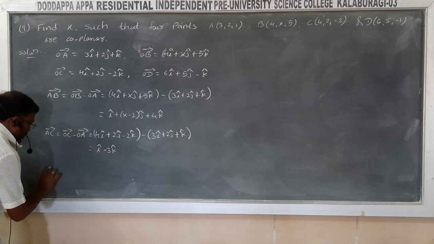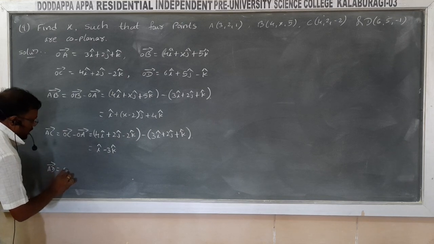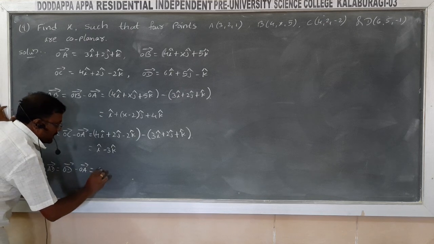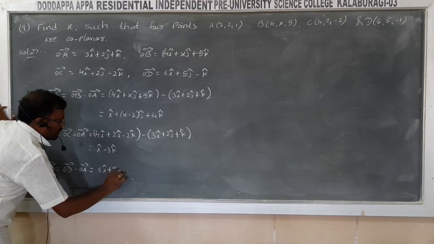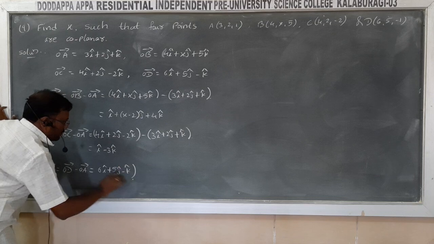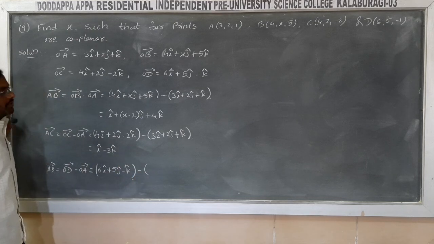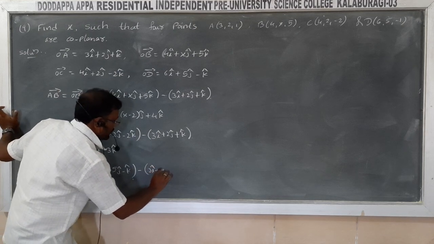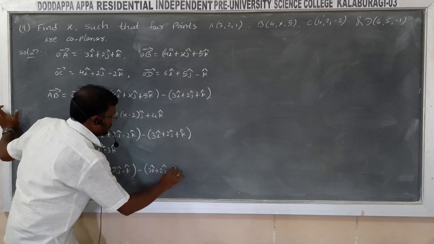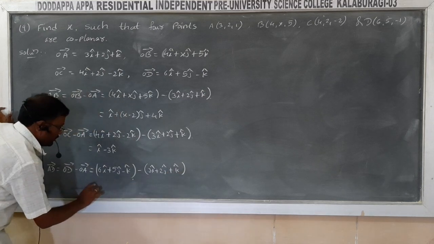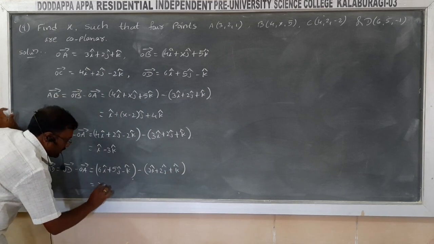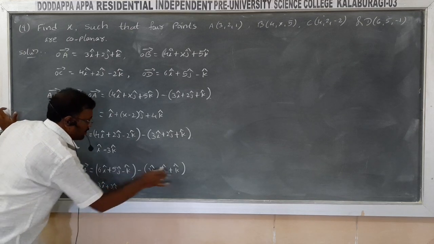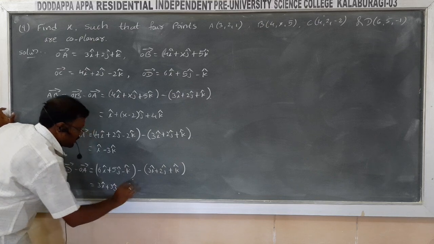Next, we go for the AD vector. AD means OD vector minus OA vector. OD vector is 6i plus 5j minus k minus OA vector 3i plus 2j plus k. Simplify: 6i minus 3i is 3i, 5j minus 2j is 3j, minus k minus k is minus 2k.